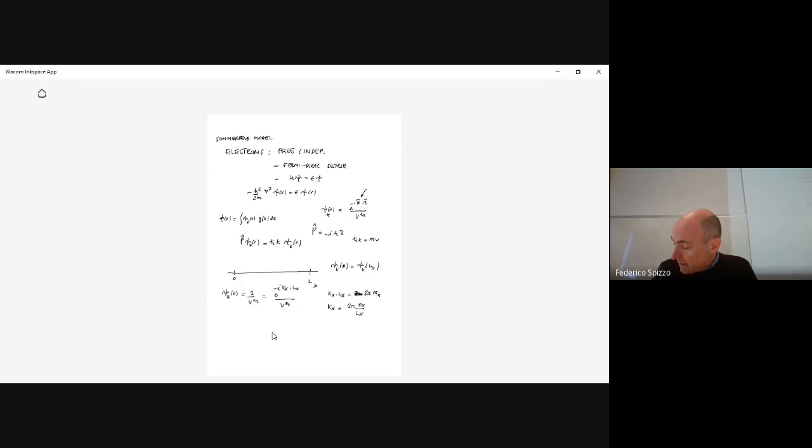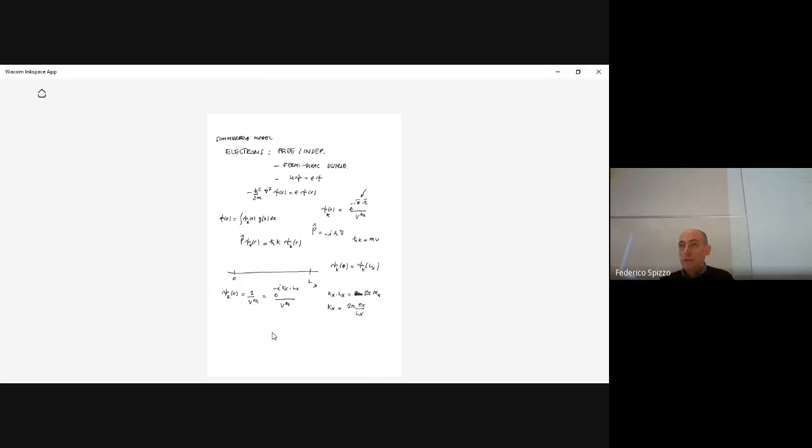Due to this condition, k is no more a continuous variable, as k can assume only discrete values, and those values are related to 2 pi divided by Lx times an integer number. So from now on, k cannot really be considered a continuous parameter.